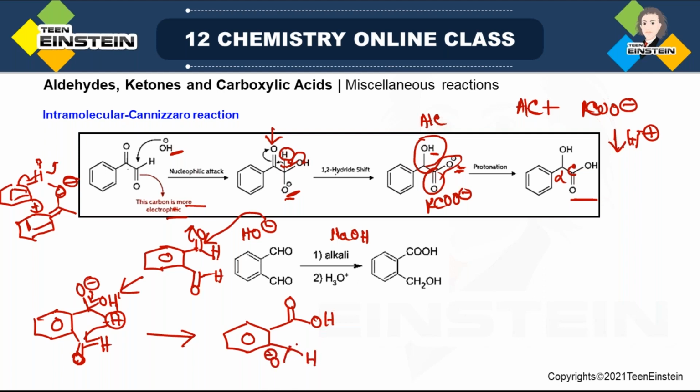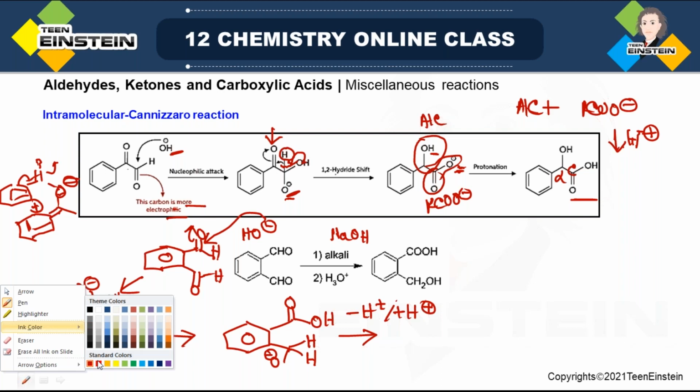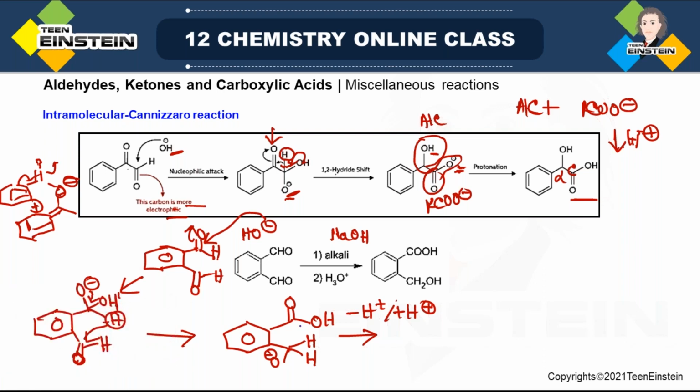O minus H, but here proton exchange will take place, that is minus H plus and then plus H plus, because as the medium is basic, the CO2H group will remain in the form of carboxylate. So this H now will be attached to O minus. So ultimately it will be CH2OH.